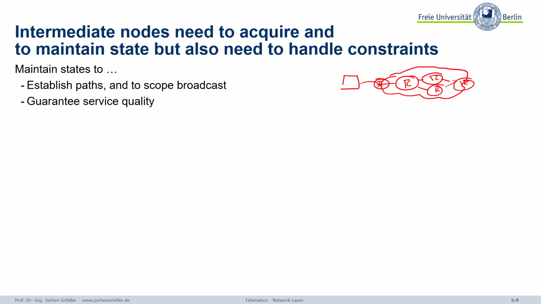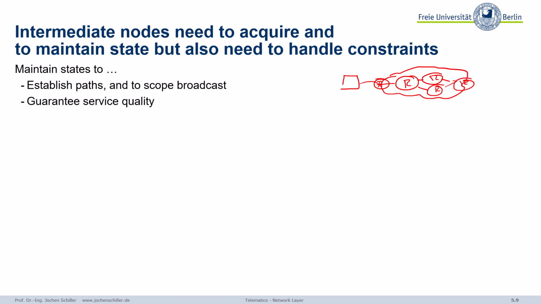What do we need? So intermediate nodes, they, well, have at least to have some state. They have to know something about the network, as we'll see. They do not know the whole network, but we'll see the intermediate nodes at least know some paths. They have to limit broadcasts. Maybe also they have to guarantee certain quality, as we'll see. So maybe you have more important packets and less important packets.